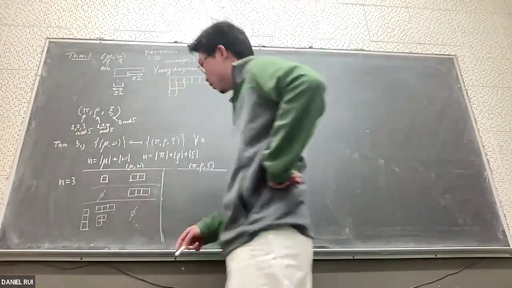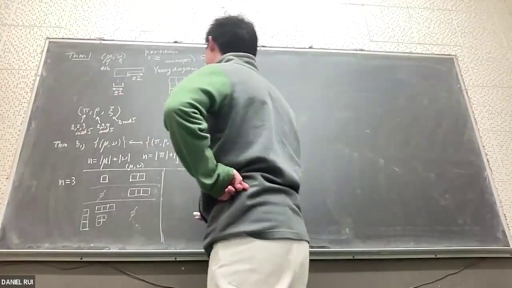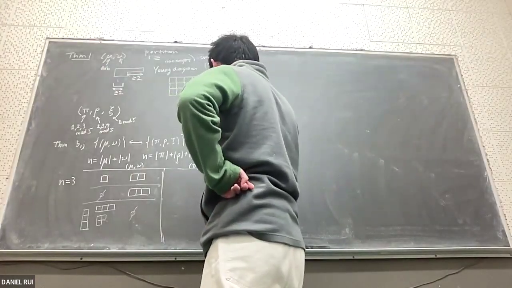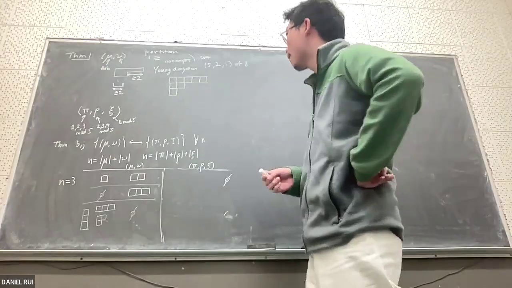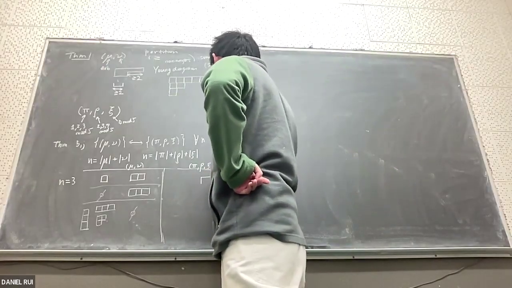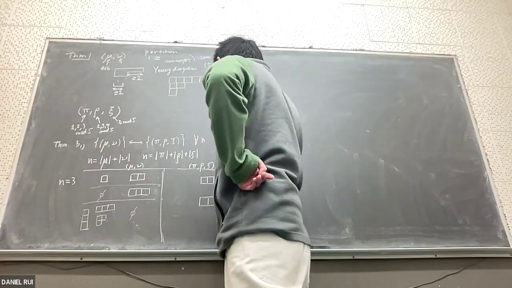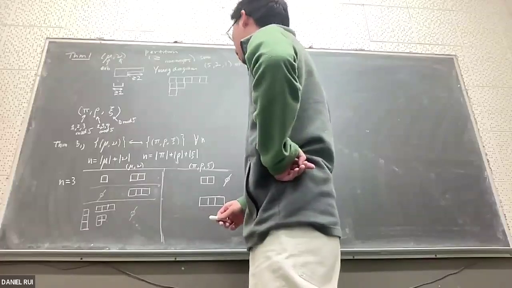Mm-hmm. Okay, so let's check the right-hand side. c has to be empty all the way through. I agree. Rho can only be 2 or 3. Okay, so rho like this or like this. Is rho allowed to be empty?